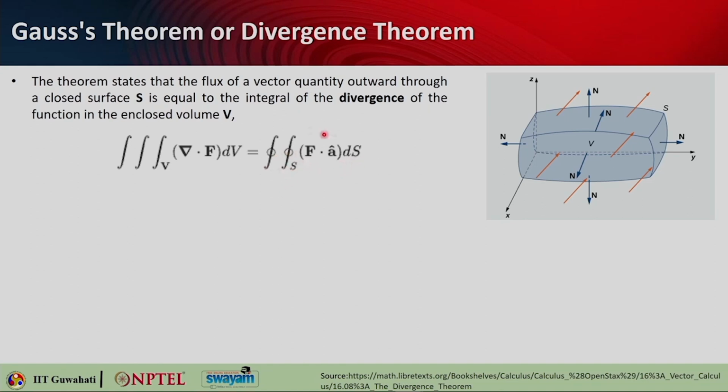So you are doing a surface integral here, and that is equivalent to the divergence of the function. So you are calculating the divergence of the function in an enclosed volume V that covers this particular closed surface. Here you can see this is the closed surface and this is the particular volume V.